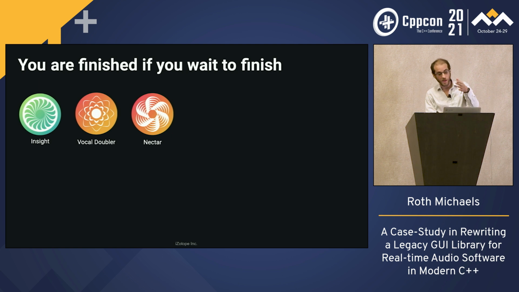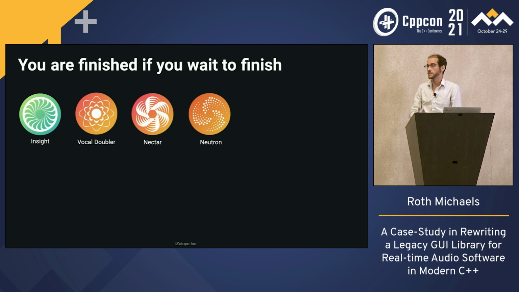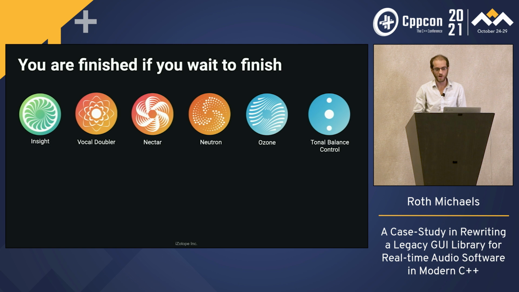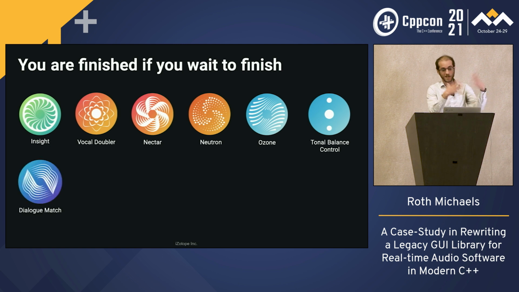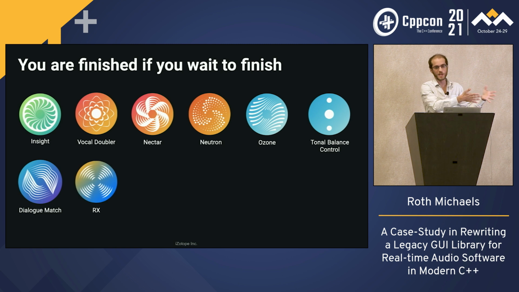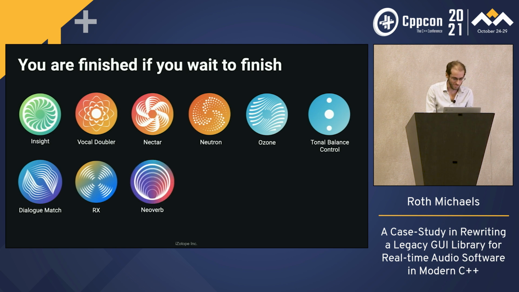And then in between there, we actually had the system available for a big UI rewrite in Neutron and some partial rewrites in some other products. And finally we got to a brand new product, and everyone's loving using Glass. And even our most legacy product, RX, every time they update it, they're using little pieces of that. And again, new product, fun time working on NeoVerb.